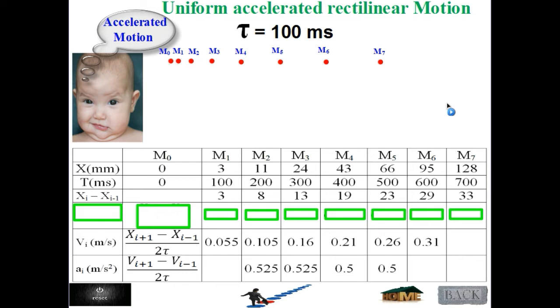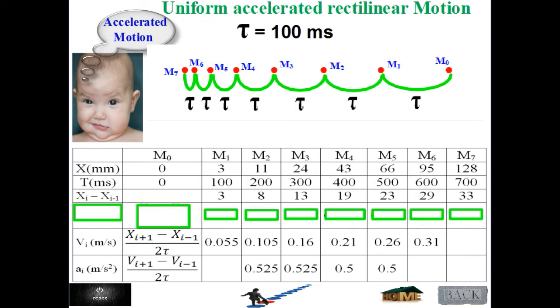In the same way in this table, if the motion is decelerated, instead of writing m0 to m7 like this, we write it in reverse, so the distance between the traces is very large at first, then it gets smaller.